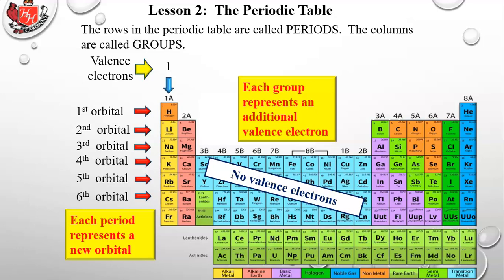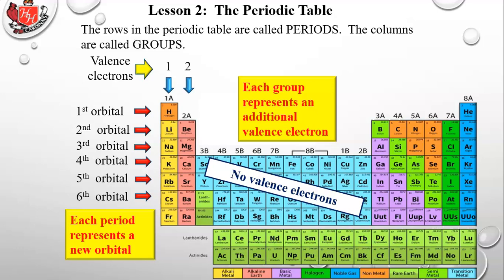It's the only orbital it has. So there's 1 electron in hydrogen's valence orbital. For lithium, it has 2 orbitals. So what that's saying is there's 1 electron in lithium's second orbital. That's its valence orbital. Sodium, Na, has 3 orbitals. It has 1 electron in its valence orbital, and so on down.